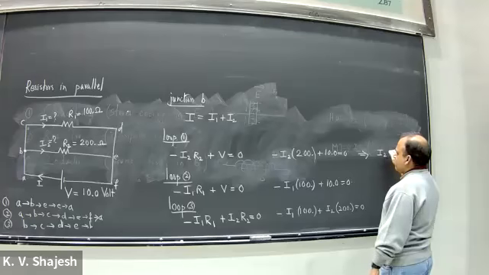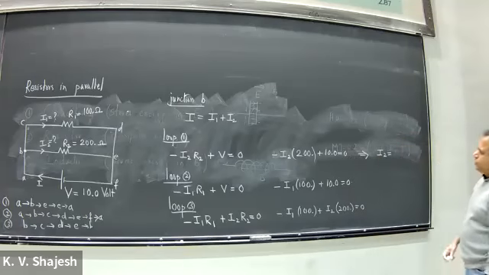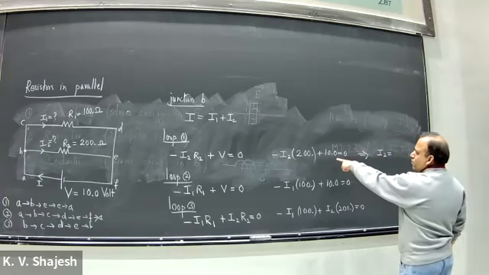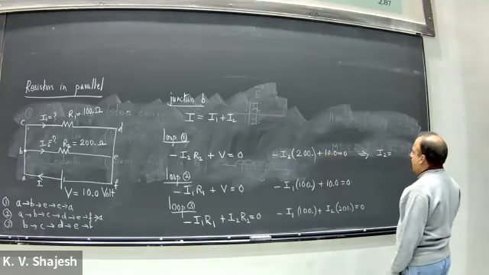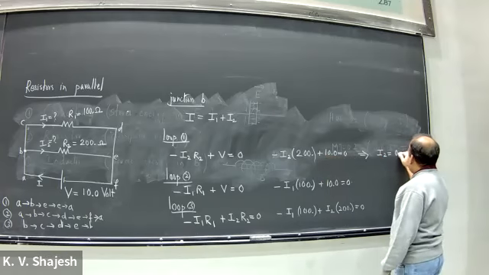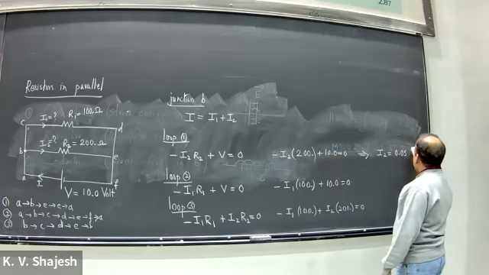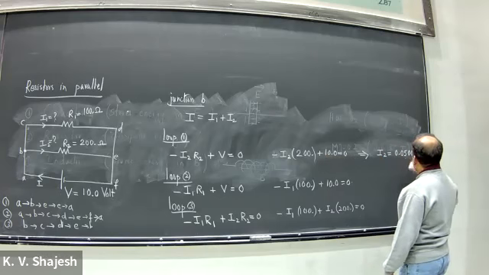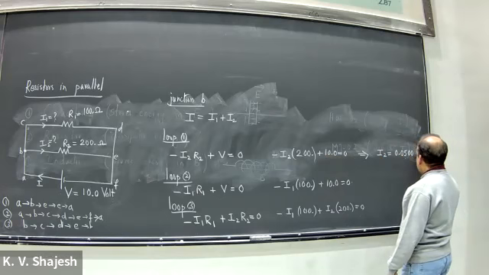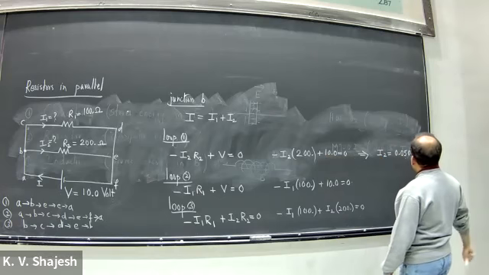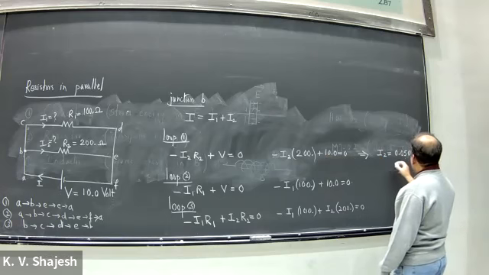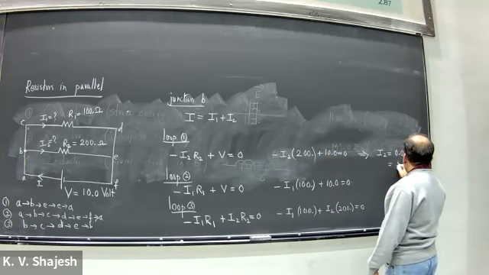So I2 is 10 over 200. 10 over 2 is 5, so then 5 divided by 100, that's 0.05 amps. And I can also say that's 50 milliamps.